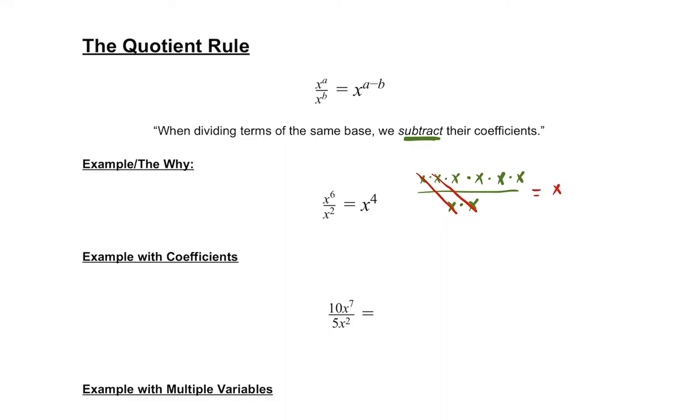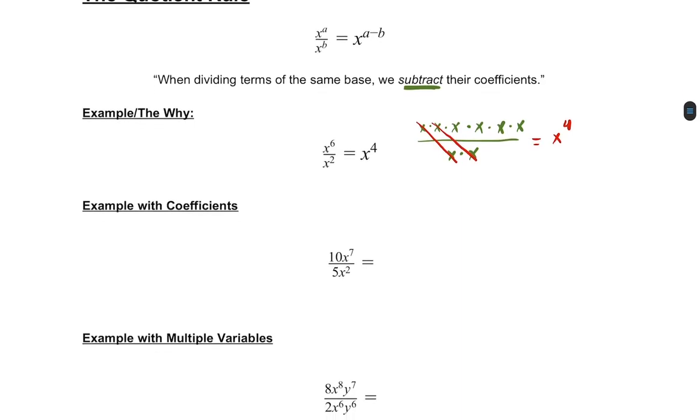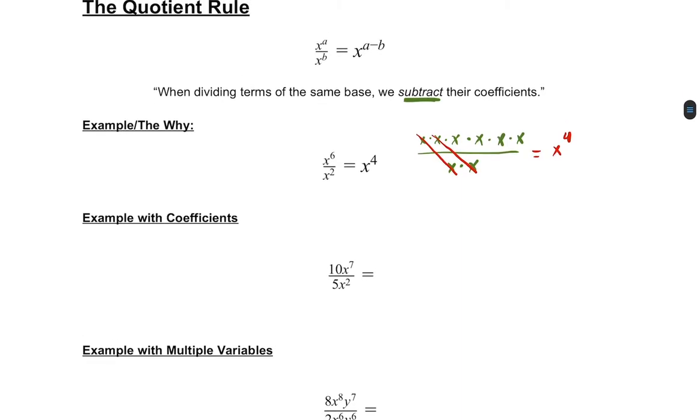This would be x to the 4th. So our normal rules of cancellation are what give us the quotient rule. Just like with the product rule, if you have coefficients, the coefficients get divided just normally. So 10x to the 7th over 5x squared would be 10 divided by 5 is 2. x to the 7th over x squared would be x to the 5th.